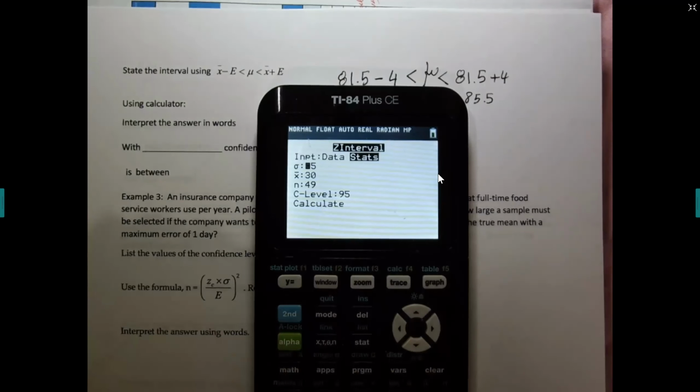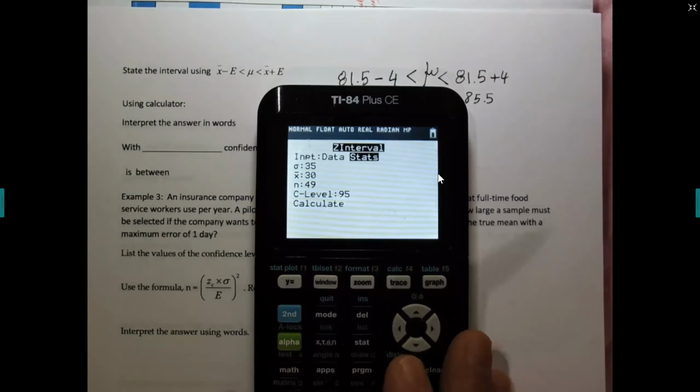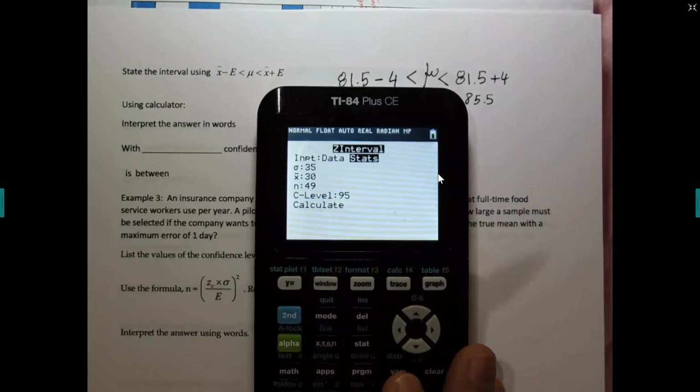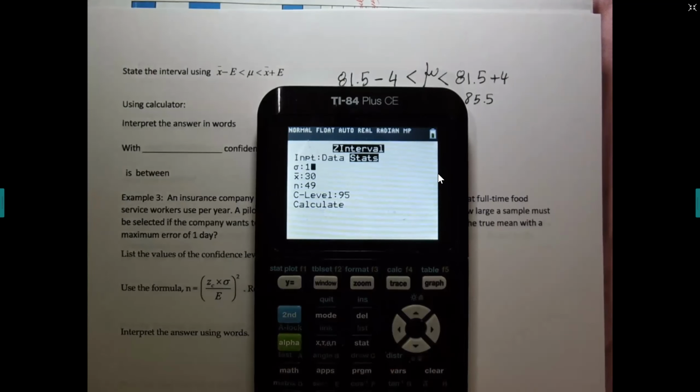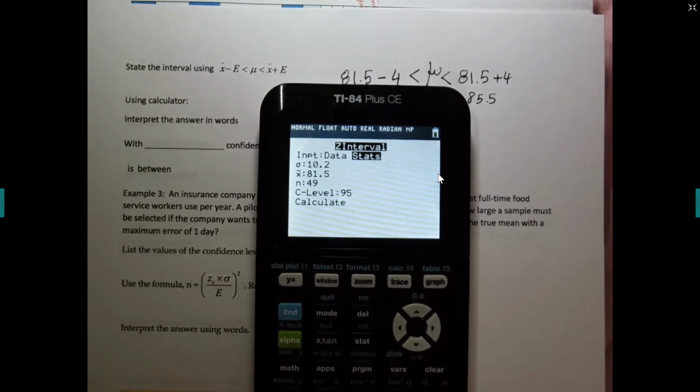What was sigma in this one? Sigma was 10.2. What's X bar? 81.5. I should get the same results, guys, whether I'm using the calculator or not. N is 25. Confidence level is 95.